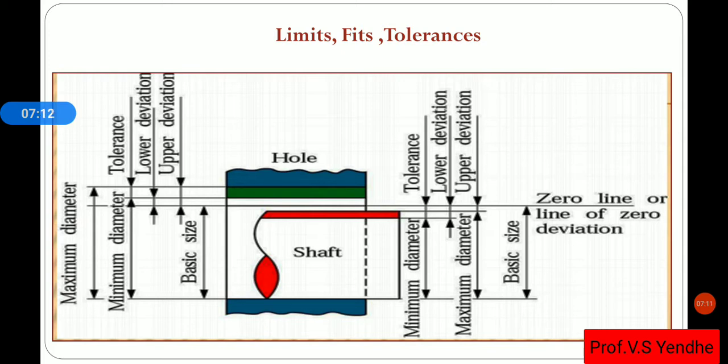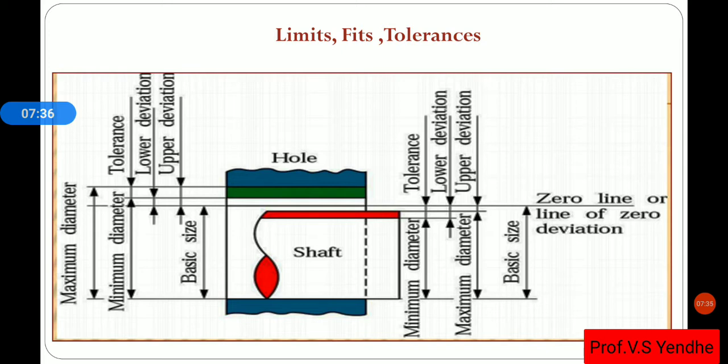Then actual deviation. It is the difference between the actual size and the basic size. Deviation means the difference. So actual deviation is the difference between the actual size and the basic size.